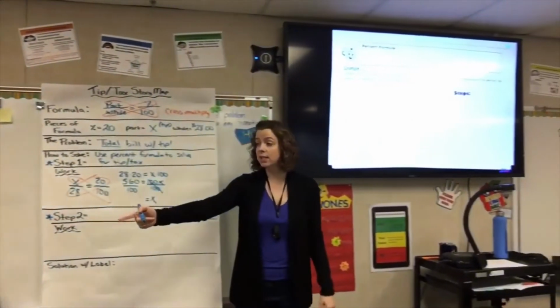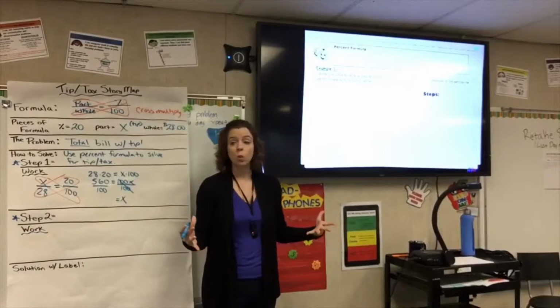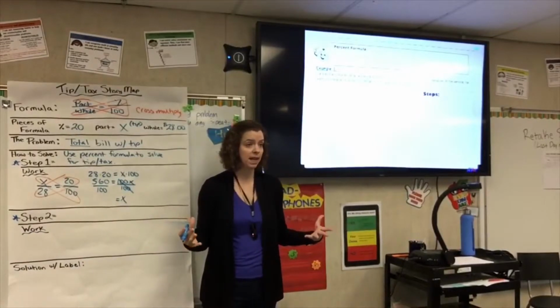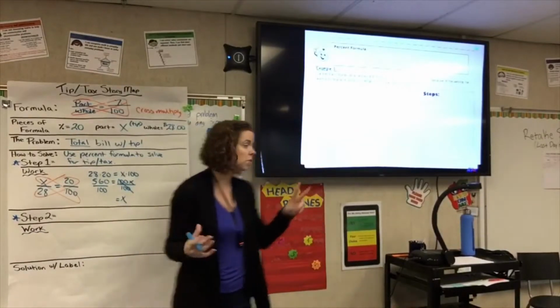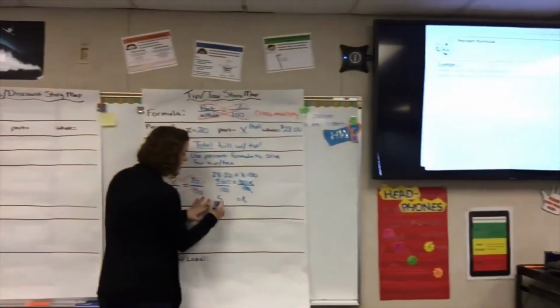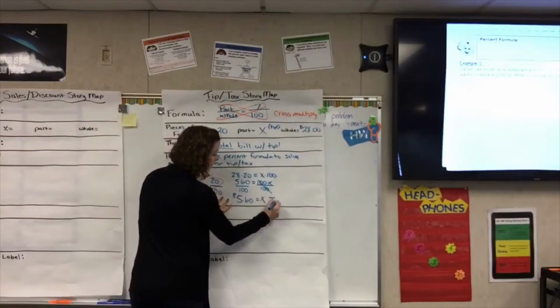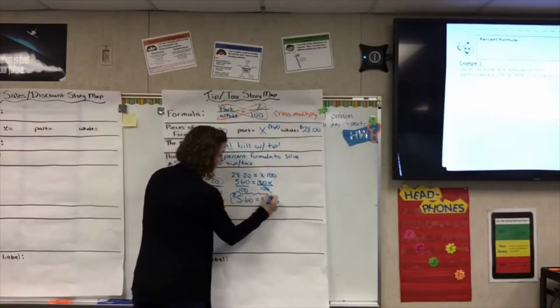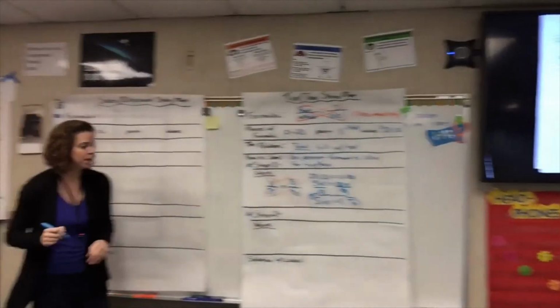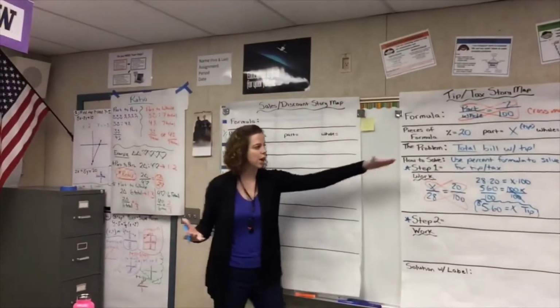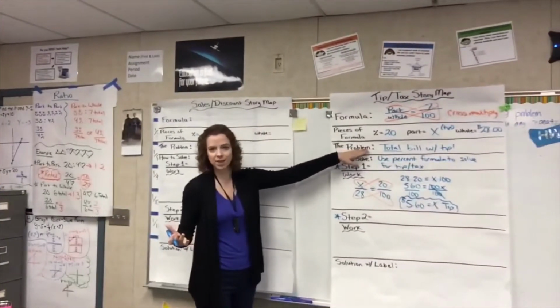Exactly. That's exactly what I was going to say. Because if we're giving money, we always have how many decimals with money? 2. So it's going to be $5.60. This is our tip. There's our tip. But does that answer our problem? The total bill with tip?